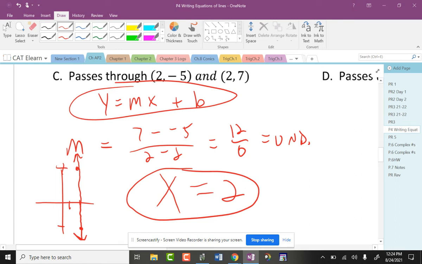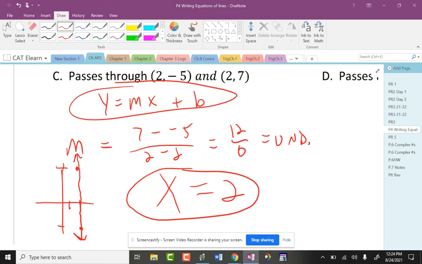For horizontal lines, 0 is in the numerator. 0 over a number does equal 0. 0 times x is gone. You just end up with y equals a number. All right, so y equals a number is horizontal lines. X equals a number is vertical lines. Please write that down and have it memorized.